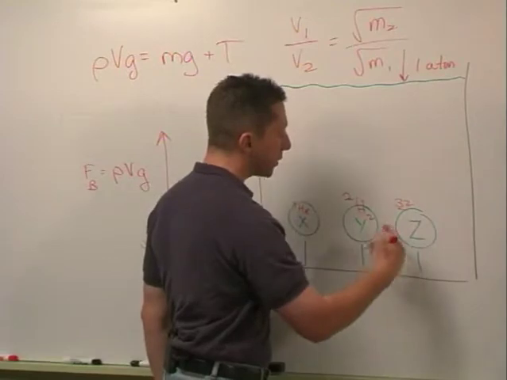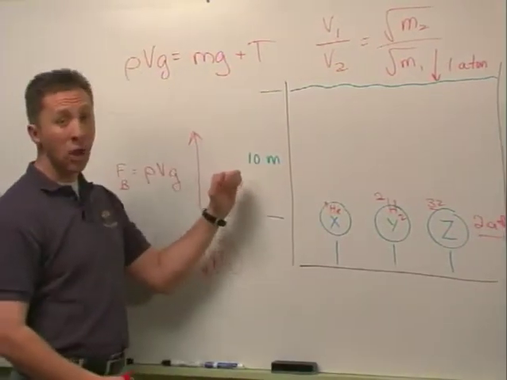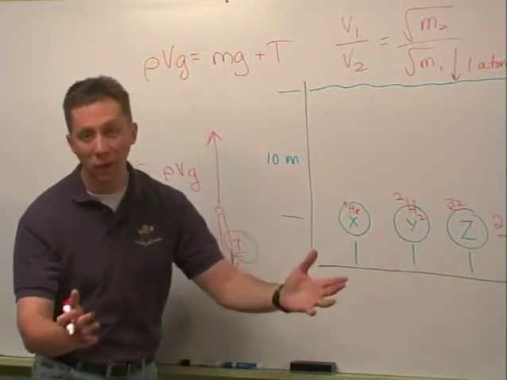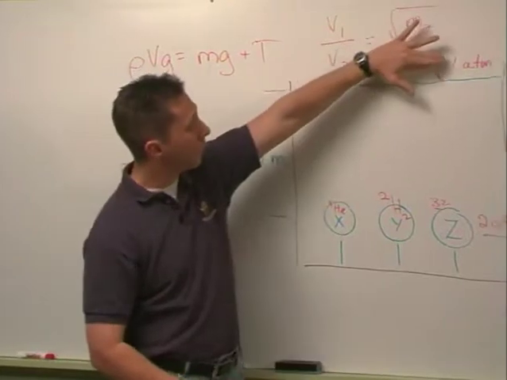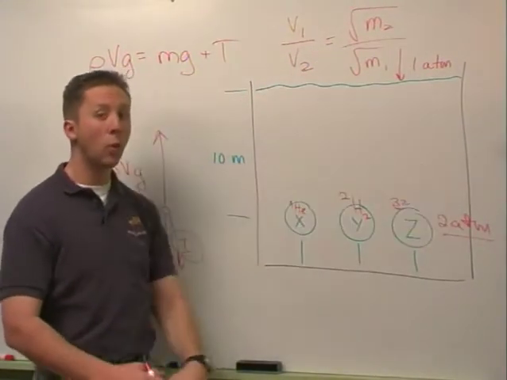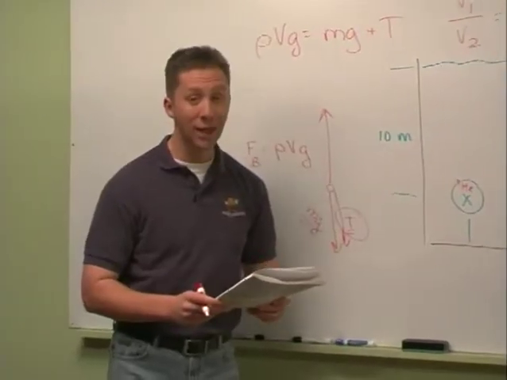So 1 atmosphere at the surface would be 2 atmospheres at a depth of 10 meters. Another way of expressing 1 atmosphere of pressure is 10 to the 5th pascals, or 100,000 pascals. So if this is 1 atmosphere or 100,000 pascals, this must be 2 atmospheres, or 2 times 10 to the 5th pascals, 200,000 pascals. Answer choice C.